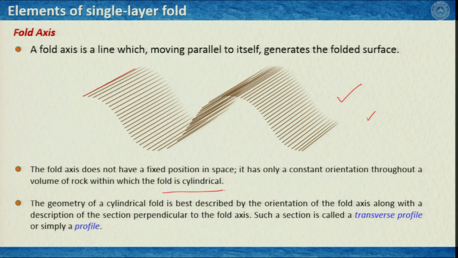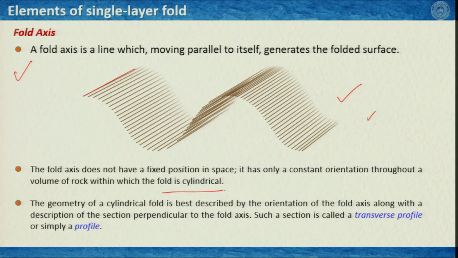We will learn about it, but for a small segment of a very regular or systematic geometry of a folded structure, we can define the fold axis as it is written here: a fold axis is a line which, moving parallel to itself, generates the folded surface.